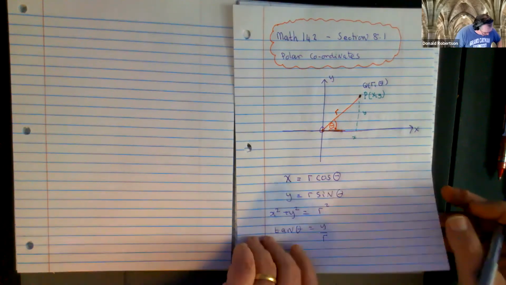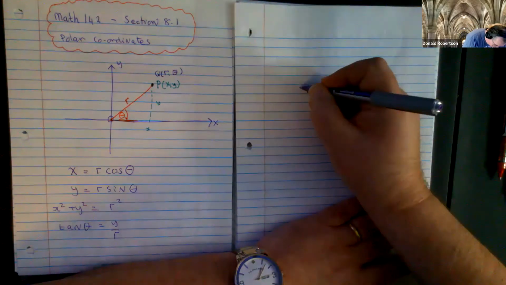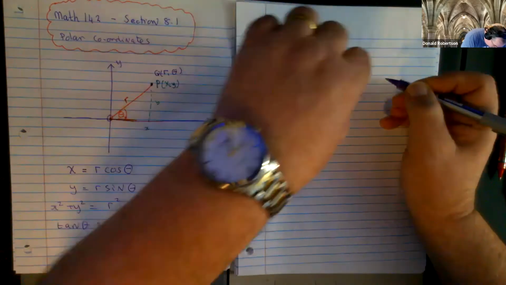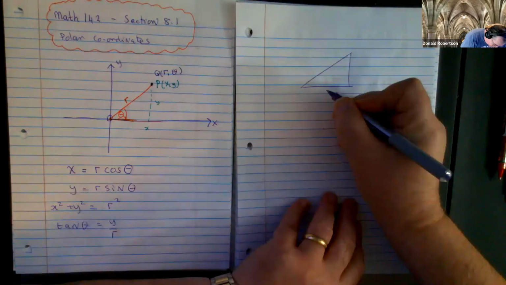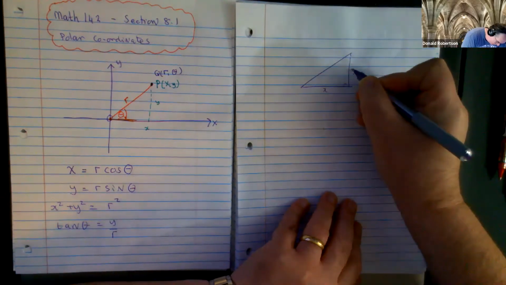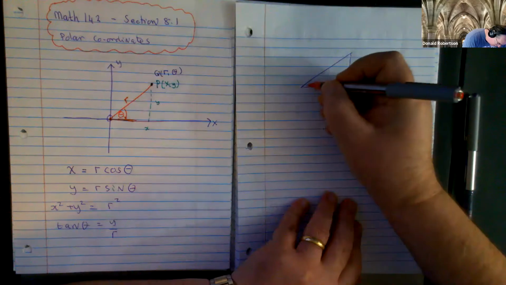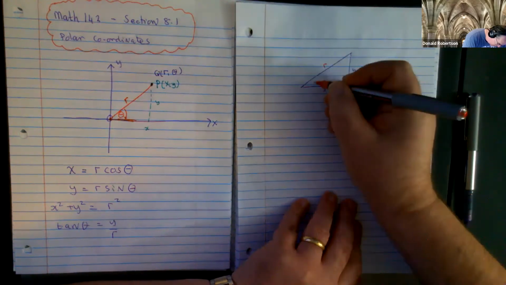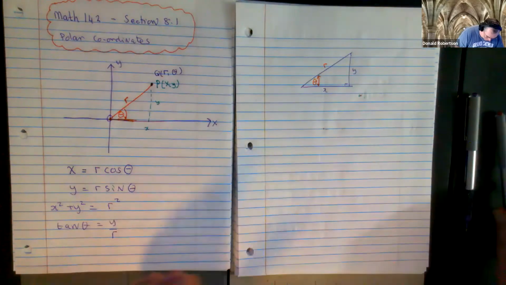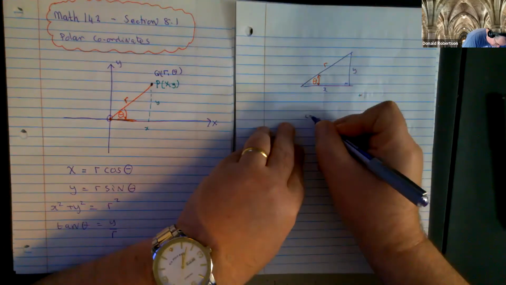Let me prove some of them. You don't need to know the proof, but just to show you. If I build this right angle triangle and just pick it up and dump it here, that distance from here to here is x. This vertical distance is y. This distance here is r, and this angle here is theta. If I asked you, what is the cosine of theta?